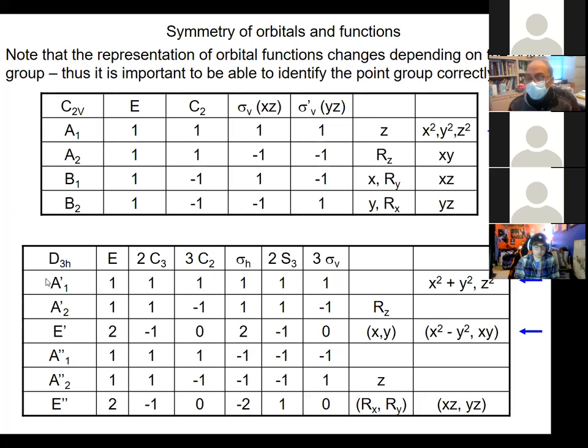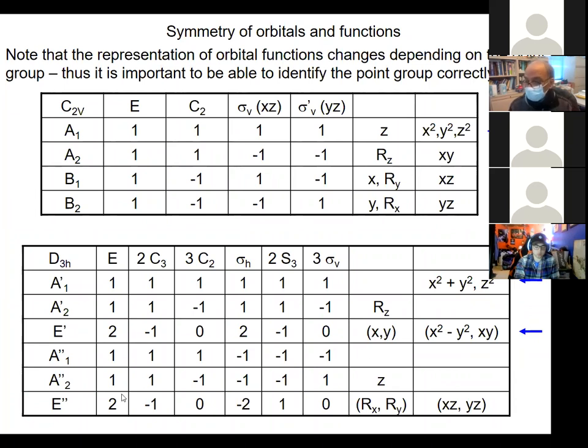Okay. We also learned that A are singly degenerate levels, but when you talk about E, it's a doubly degenerate level. It means there are two things that happen simultaneously. That is the reason why when you look at the symmetry functions here, for E prime, you have x and y coupled together in a parenthesis.